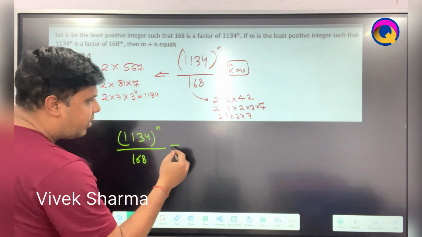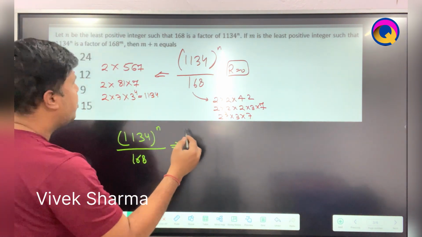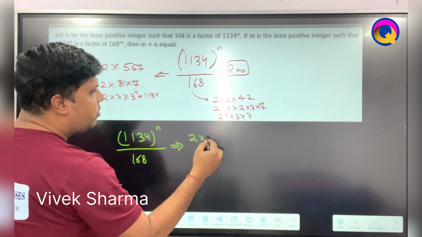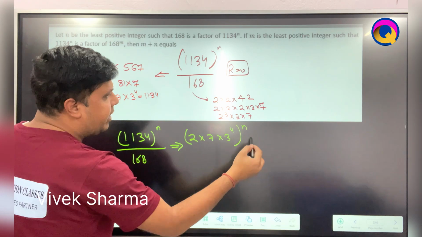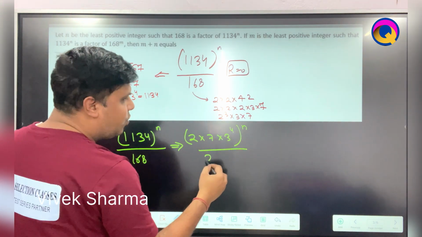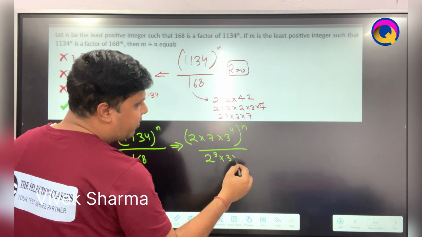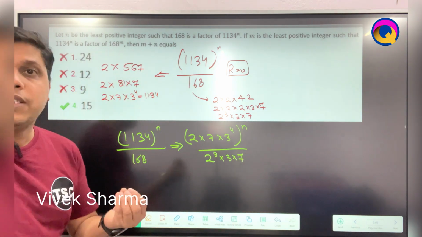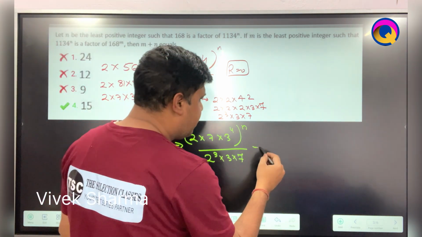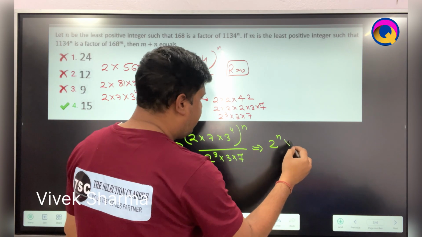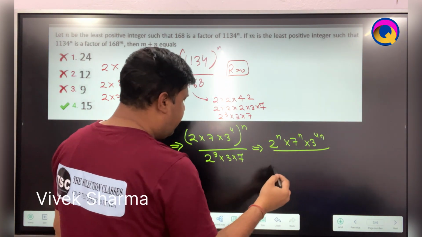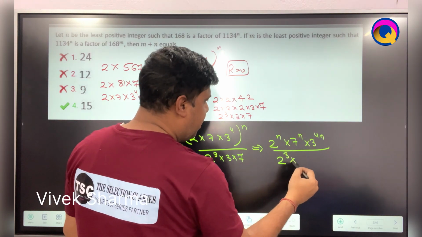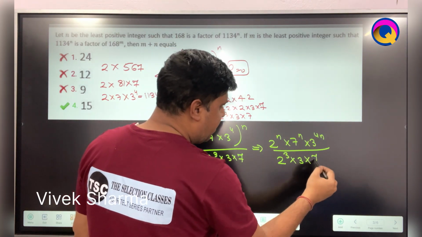So if I write it in the prime factorization form, this is coming out to be (2 into 7 into 3 power 4) complete power n divided by 2 power 3 into 3 into 7. So we have to find the least value of n actually. So this is 2 power n into 7 power n into 3 power 4n divided by 2 power 3 into 3 into 7.